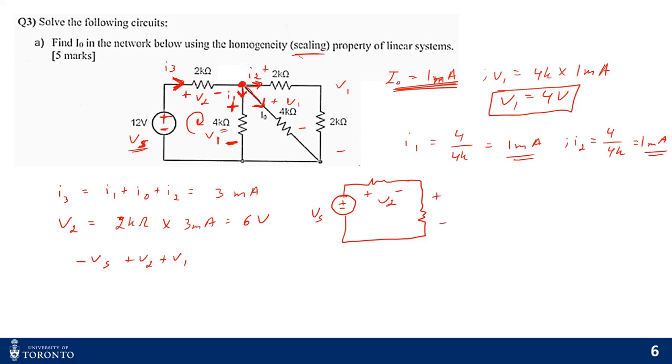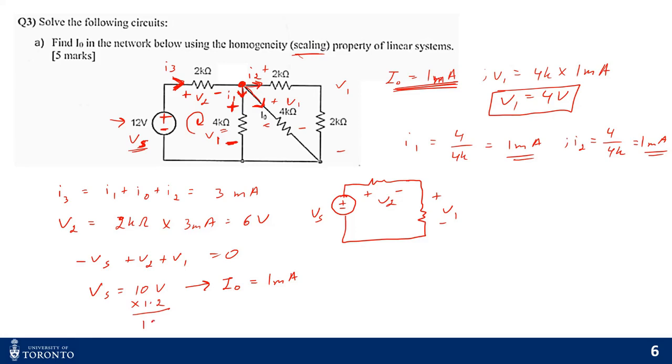So I find that my Vs is supposed to be 10 volts if I assume a 1 milliampere current is flowing in this I naught branch. But what's the actual voltage I have? It's 12 volts.